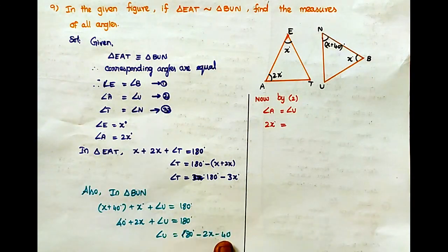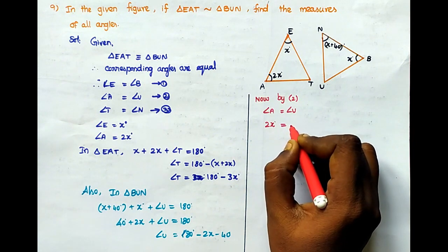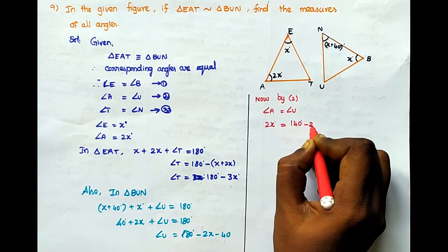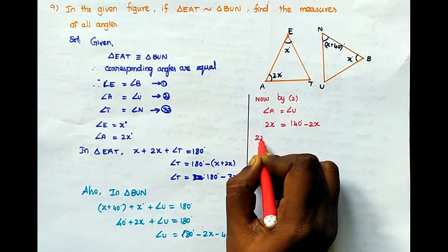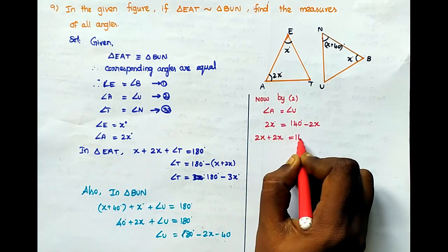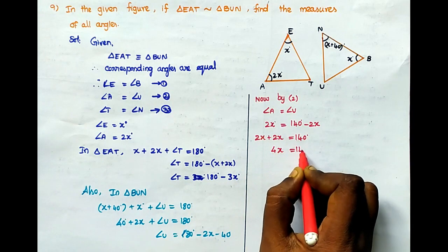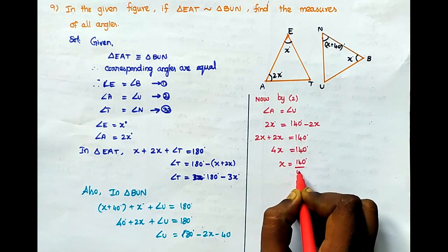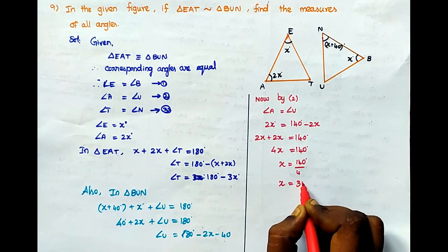That is 180 minus 40, 140, minus 2x. Assemble the variables one side. 2x plus 2x, bring this side means plus 2x equal to 140. That is 4x equal to 140. X equal to 140 by 4. Cancel this means 35 degree.